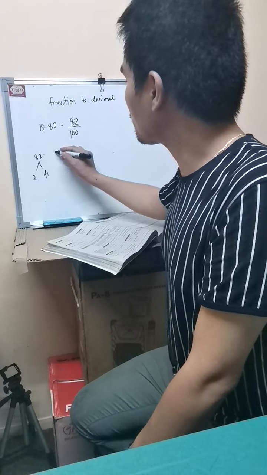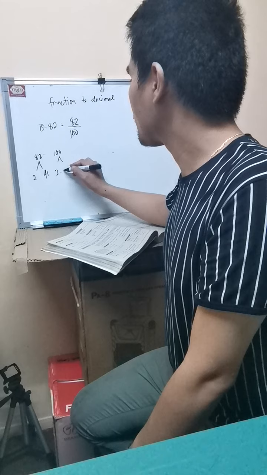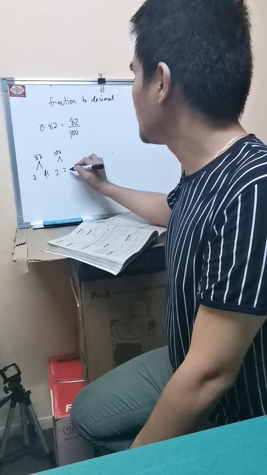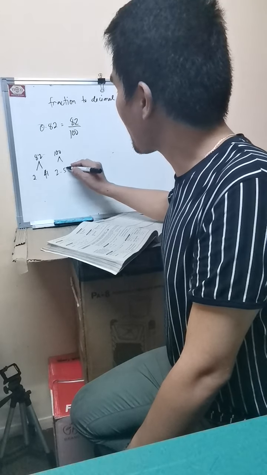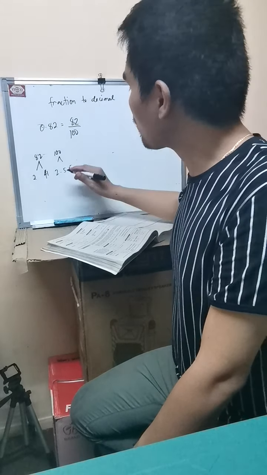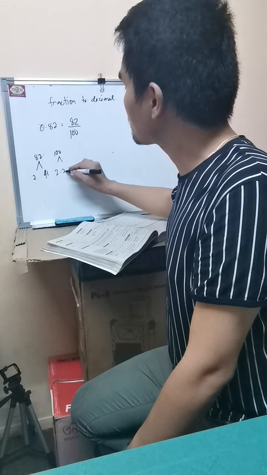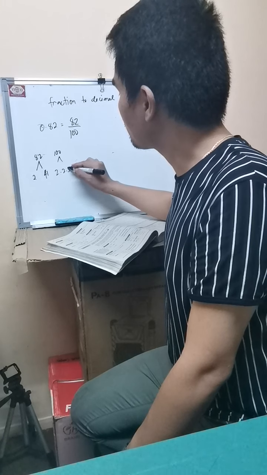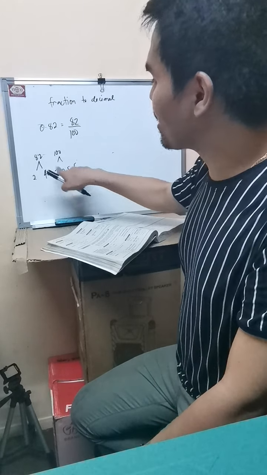And then 100 is equivalent to 2 times 2 times 5 times 5, because 5 times 5 is 25, times 2 that's 50, times 2 that's 100.